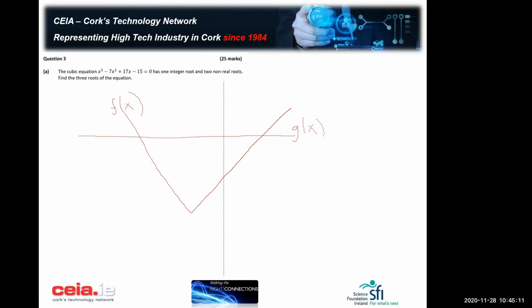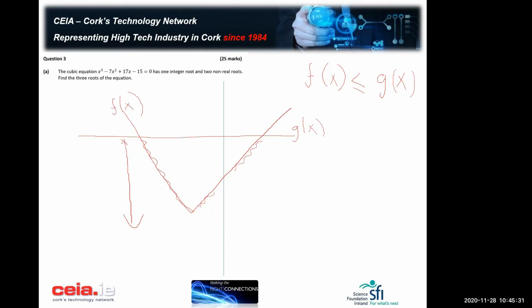We accept that they're them. So the question is, where is f of x less than or equal to g of x? And it actually is between here and here. You see the way f of x is less than? In other words, all its values are less than the function g of x.